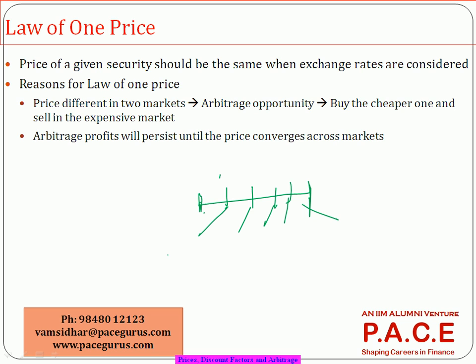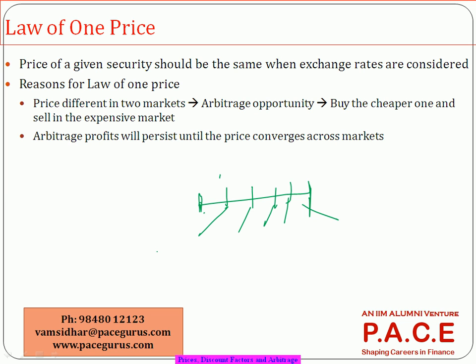Otherwise, people will take advantage of buying the cheaper one and selling across the various markets, not just within a particular market, even across geographies, wherever this arbitrage opportunity is available, they will definitely exploit it.